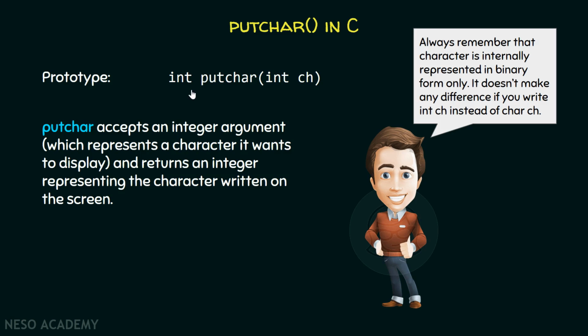Take an example of a character, let's say capital A. The decimal equivalent of that character in ASCII is 65. If we store that character in a character variable, the character A gets stored, and finally it is represented in binary form in our computer.